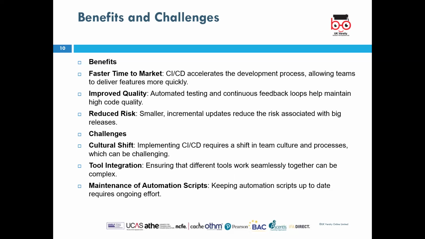By having automated testing and continuous feedback loops, this will favor our team and allow us to have high code quality. We're also going to reduce the risk, where we will have smaller incremental updates, which reduce the risk associated with big software releases.